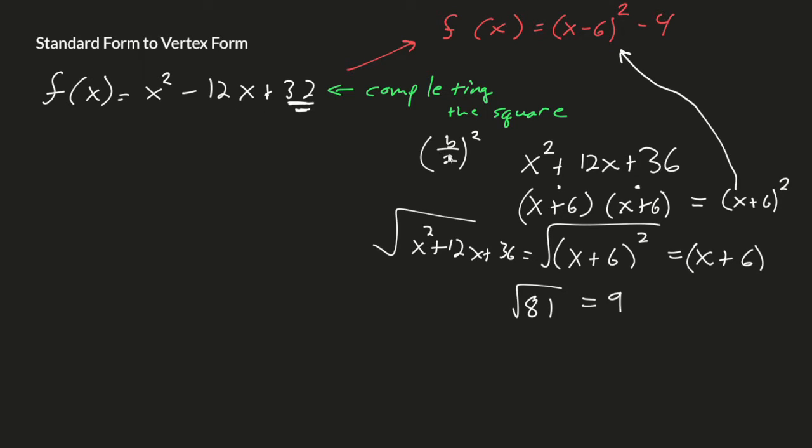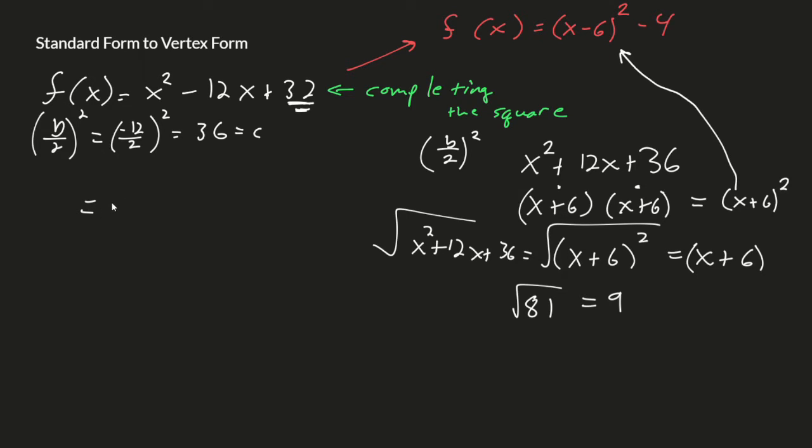And we're going to use (b/2) squared to determine what this c value should equal. So in this case, (b/2) squared would be (-12/2) squared, which is (-6) squared, or 36. So we want c to equal 36.